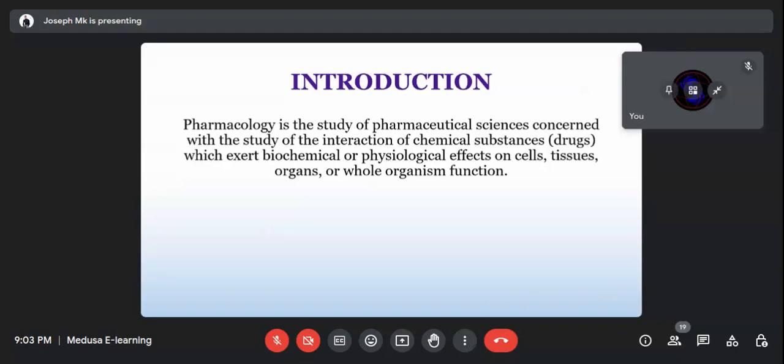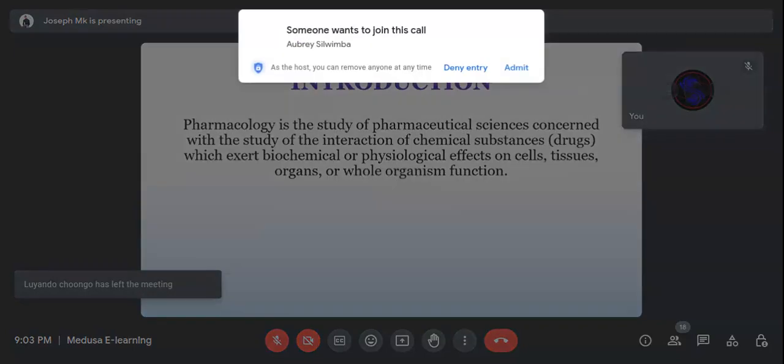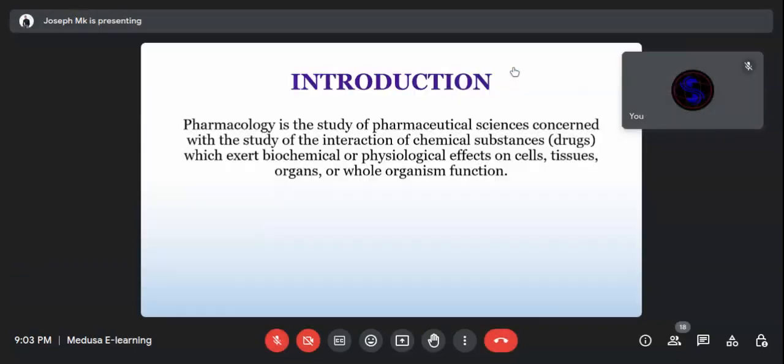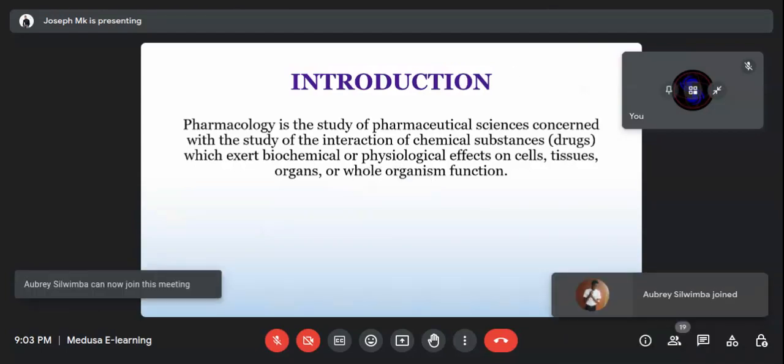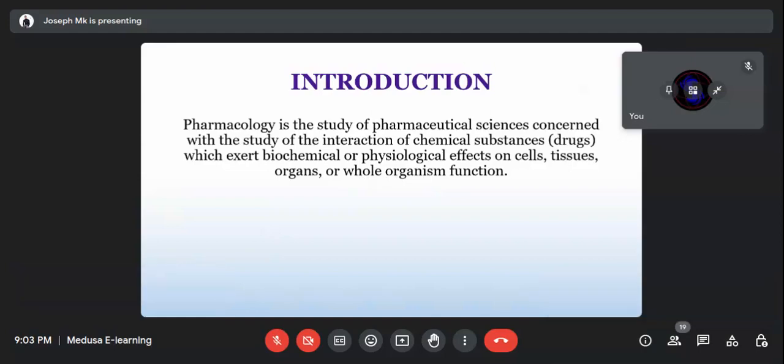Again, for me, I would define pharmacology in three terms. If you have somewhere to write, you can write this. Number one, as the study of drugs. Number two, as the study of the effect of the drug on the body. And number three, as the body's response to the drug.